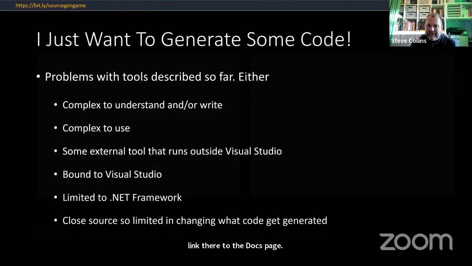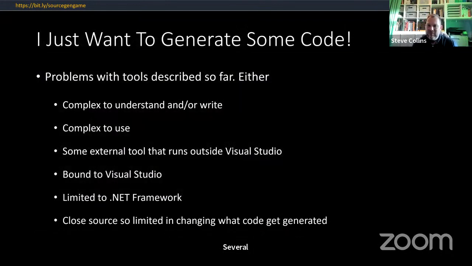So for all the .NET generators I've covered so far, we have had one or more problems in terms of just getting code to generate some source code for us within our projects. They've either been too complex to understand and write, such as the IL-based ones using Reflection.Emit. Some are just plain complex to use. The tooling is horrible.